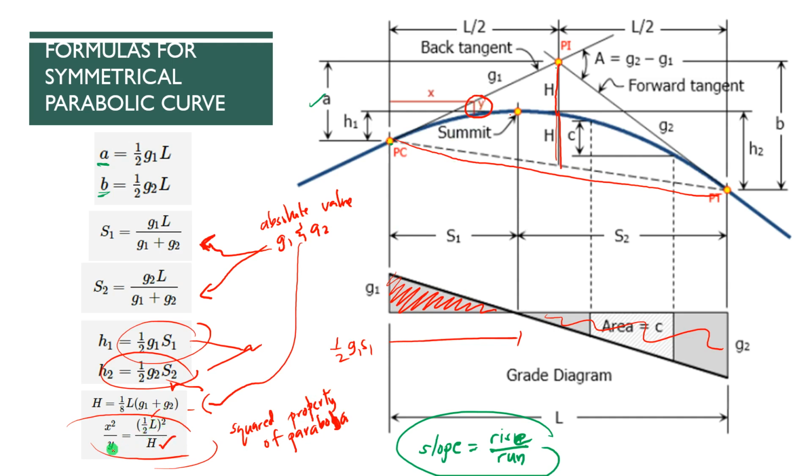The ratio of the square of x over y is equal to half of the vertical curve, L over 2, squared, divided by the vertical distance from PI to the curve, which is h. Okay, so these are the formulas that we will use in this problem.